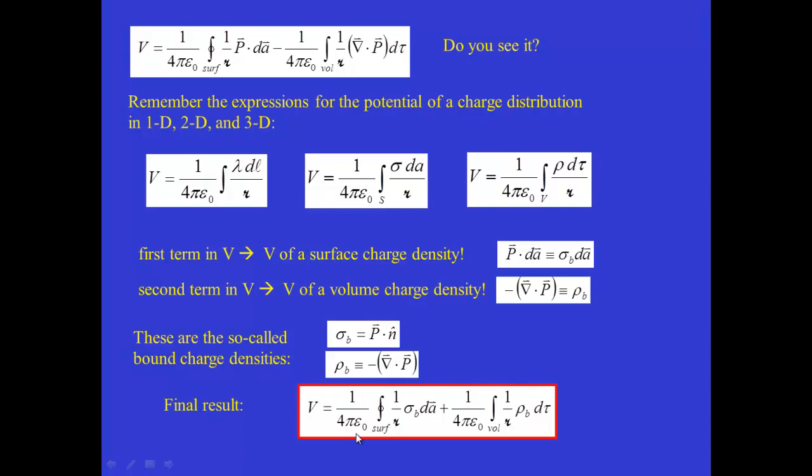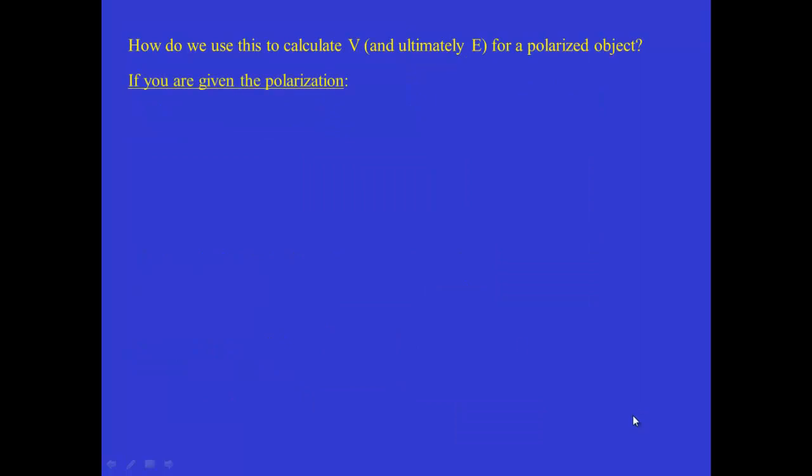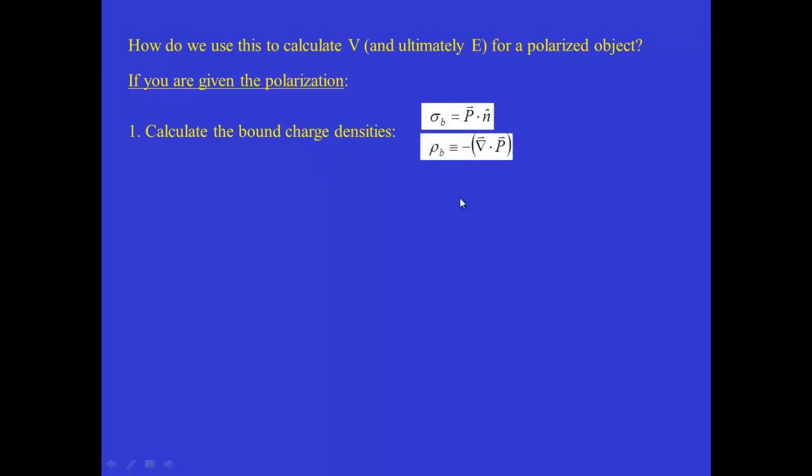We're not even going to need to evaluate these terms for the potential, because if we're given the polarization vector P, if we have an object, we know its shape, and we know that within that object there's this polarization, we can immediately calculate the bound charge densities because they both simply depend on P. We can calculate sigma sub b and we can calculate rho sub b.